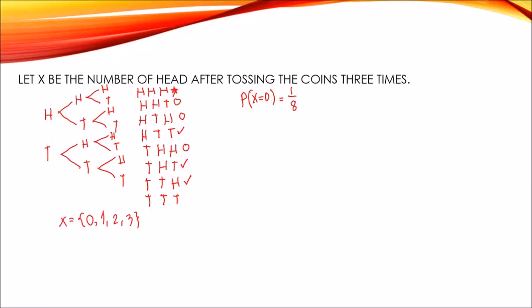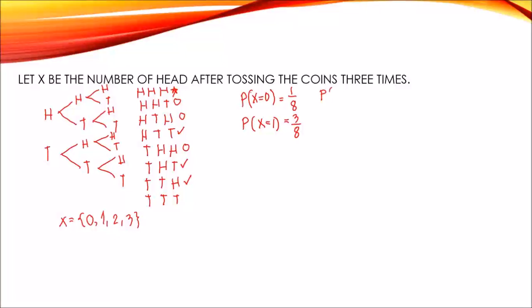This is our probability for x equal to 0. And the probability when x is equal to 1: how many combinations contain one head only? We have HTT, THT, and TTH. Therefore, we have 3 out of 8, correct?